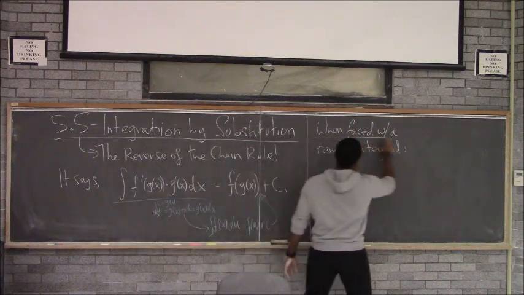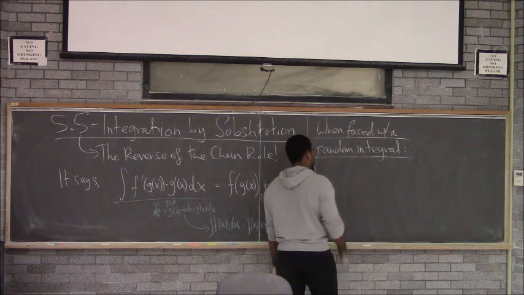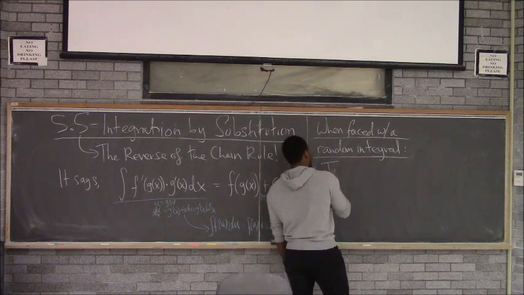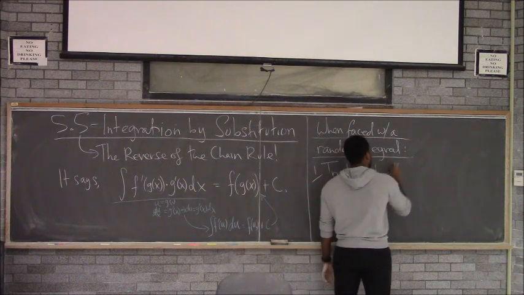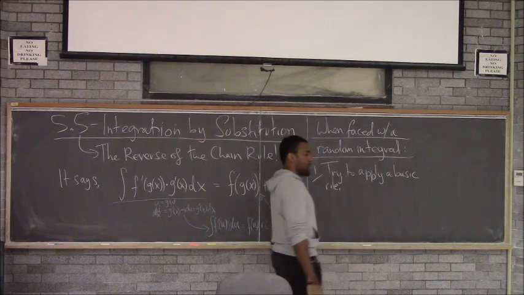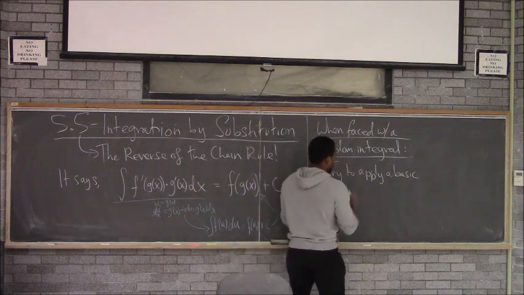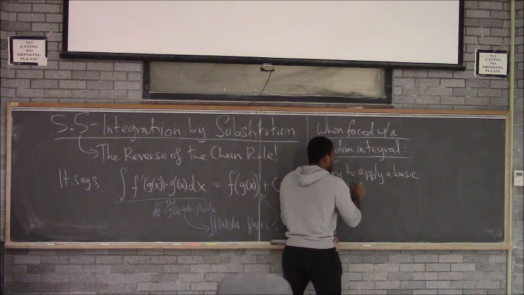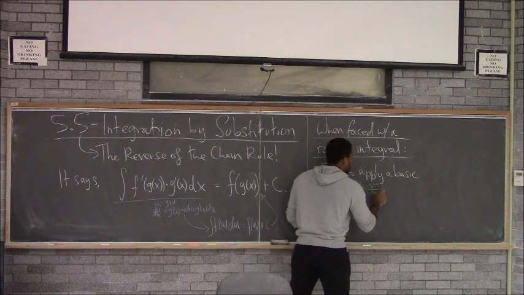Step one will always be to try to apply a basic rule. Always. That's what you're going to try to do first. Meaning, does the integral of x to the n work, x to the n plus 1 over n plus 1 plus c?